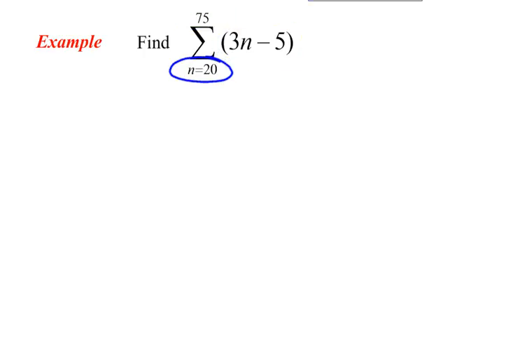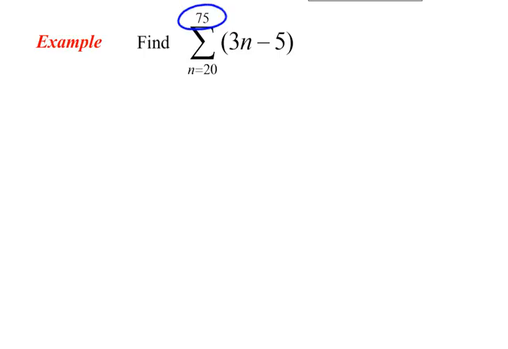Now, this problem is different from what we did in the last lesson, because all the problems in the last lesson started at n equals 1. And we had one problem that started at n equals 0. And the other issue that's different here is we're going all the way up to 75.